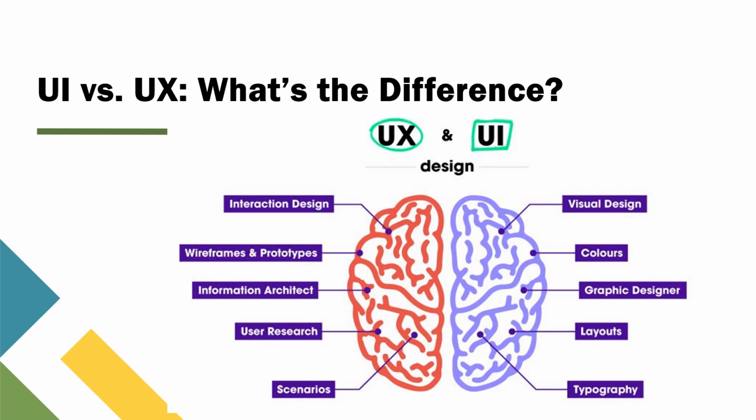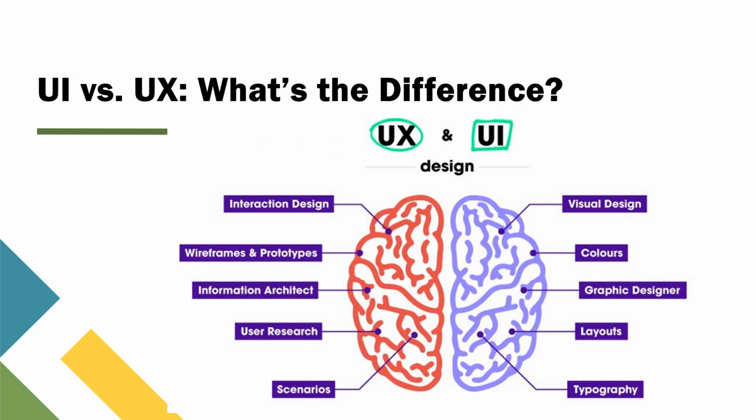UX and UI designers work together, usually on the same team in the product design process. Often a lot of companies will hire maybe one person to do all of the UX and UI work, so it's essential to understand both disciplines. This is why the terms tend to get confused or used interchangeably.